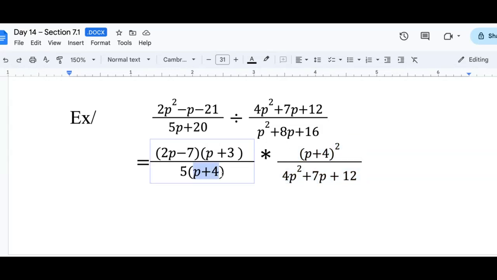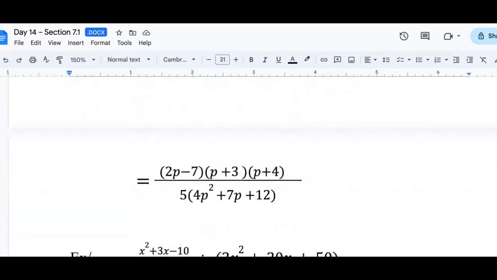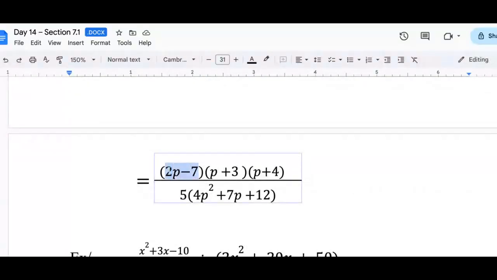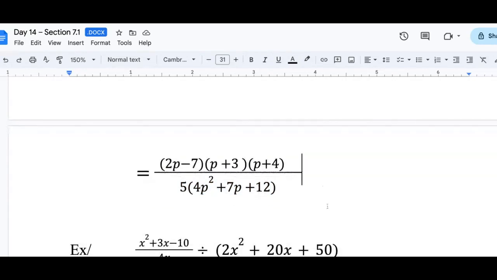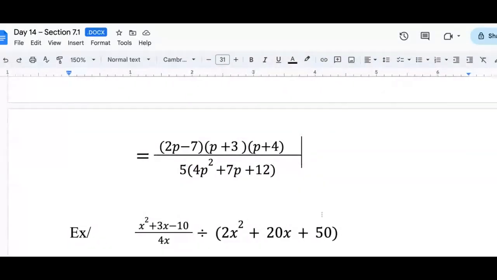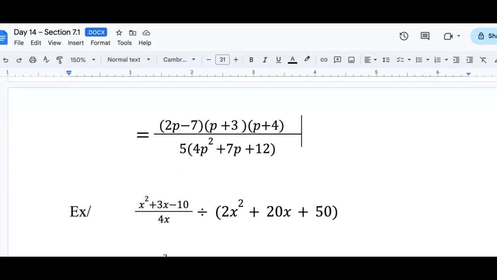But here we have p plus 4, one term, and we have p plus 4 squared, that can be simplified. So that becomes 2p minus 7, p plus 3, p plus 4, divided by 5 times 4p squared plus 7p plus 12. Then no more can be cancelled, so we just leave it like that.